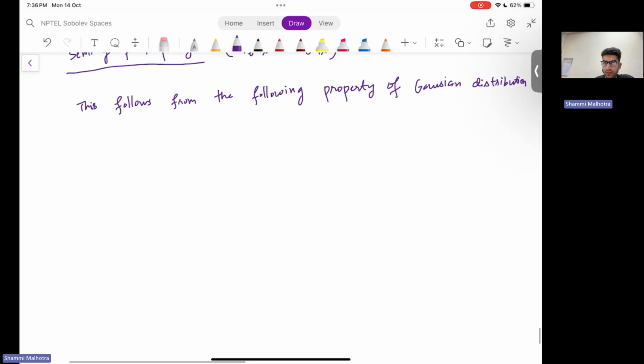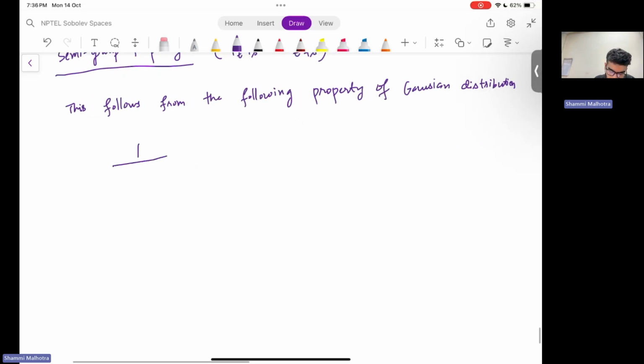So what is that property? The property is this thing. We can prove this with the help of the Fubini theorem.